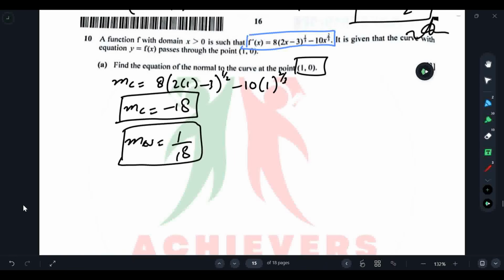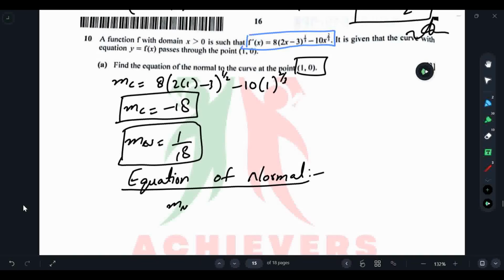Okay, now we need a point. So equation of normal will be equals to, now we have a point and a gradient. We know that the gradient of the normal is 1 over 18 and the point is 1 and 0.